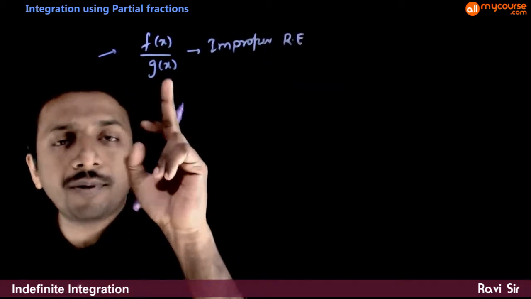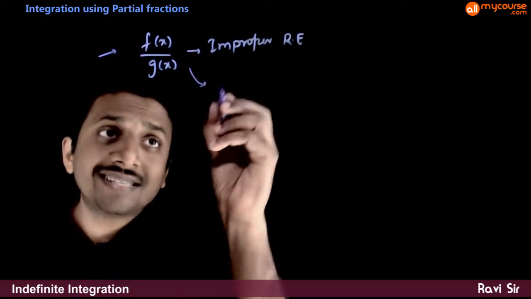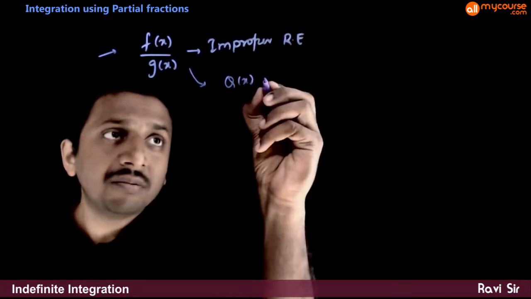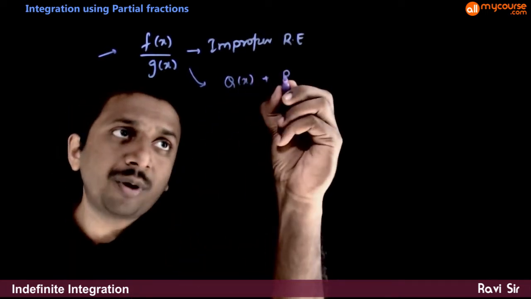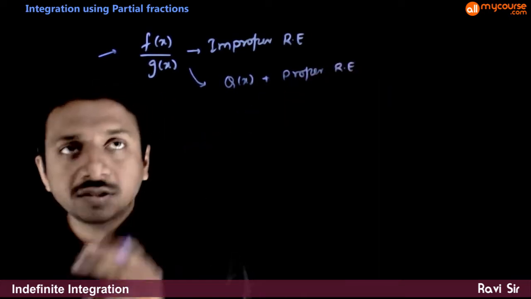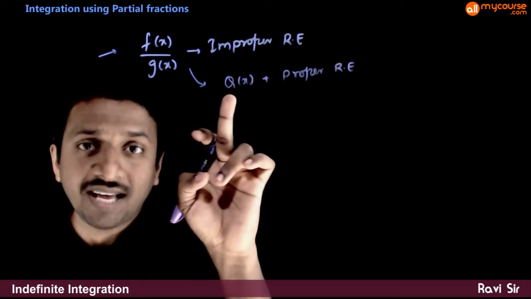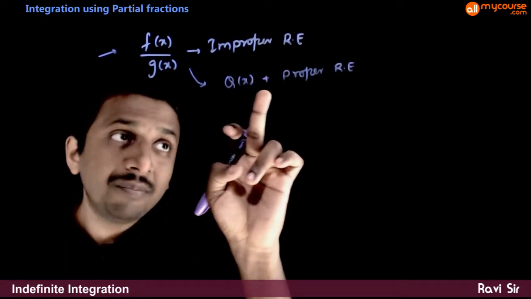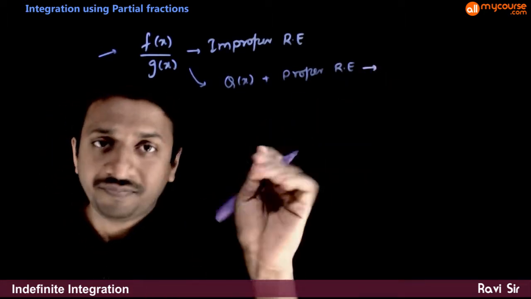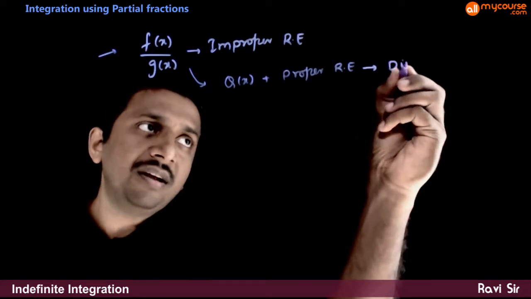Every improper rational expression can be expressed as a sum of a polynomial plus a proper rational expression, and this can be obtained by general division.